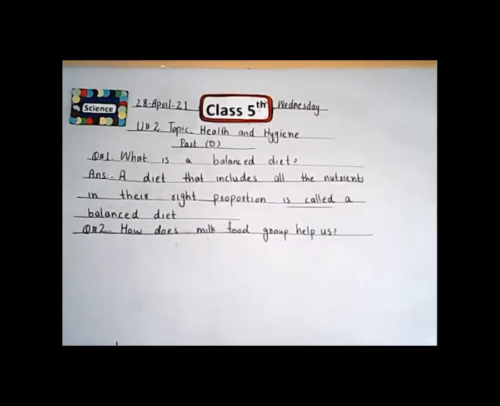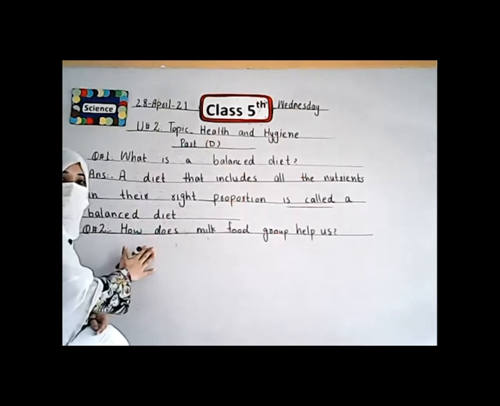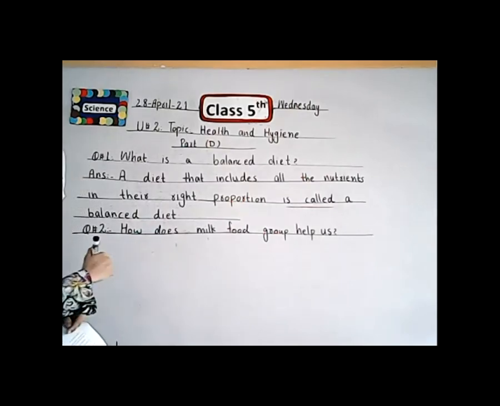How does milk food group help us? In this question, we write the things that are made from milk, how these things help us to grow our body, and how the things that are made from milk are helpful for our body.